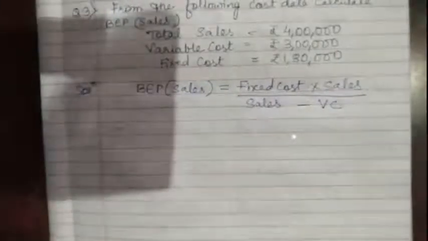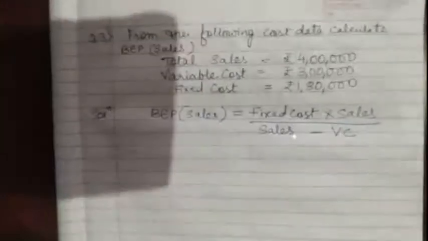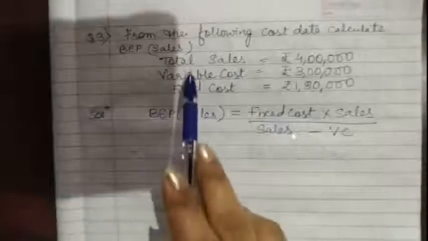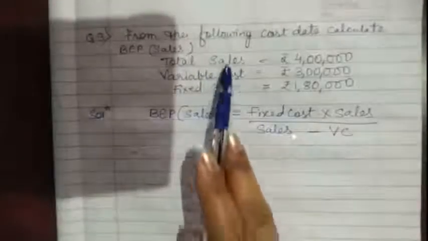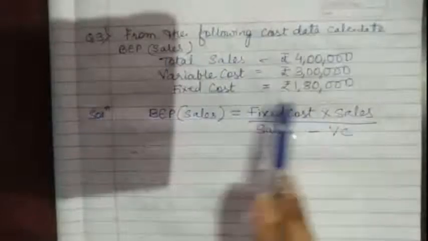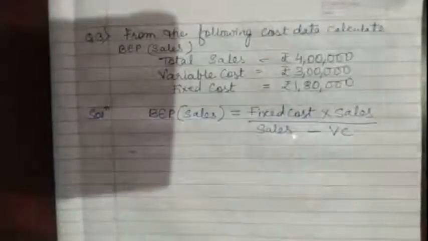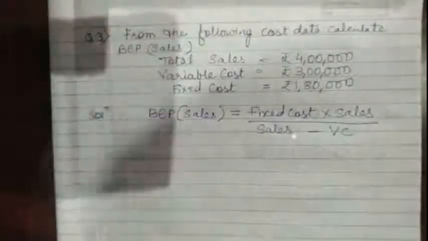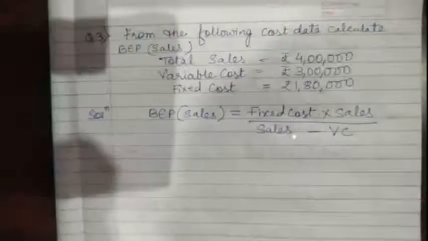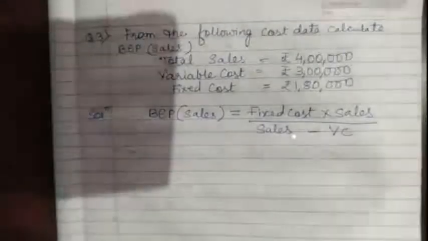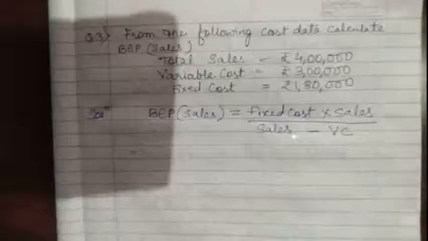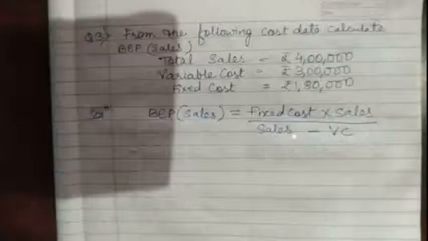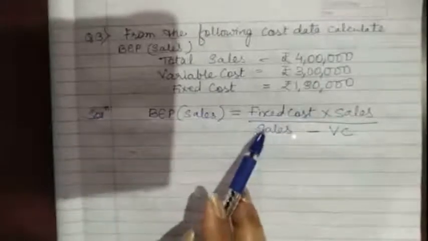Why? Because in this question PV ratio is not given. If PV ratio is not given and these three items are given, then apply this formula. There are two formulas to calculate BEP in sales. One is fixed cost divided by PV ratio, and the other is this. If PV ratio is given, apply that formula. But if PV ratio is not given, apply this formula.